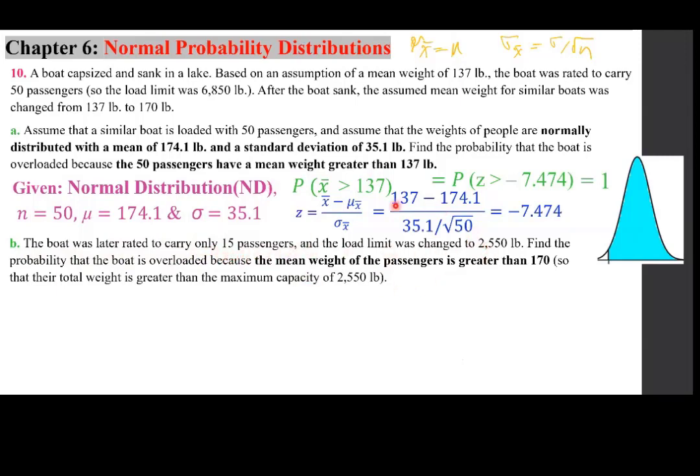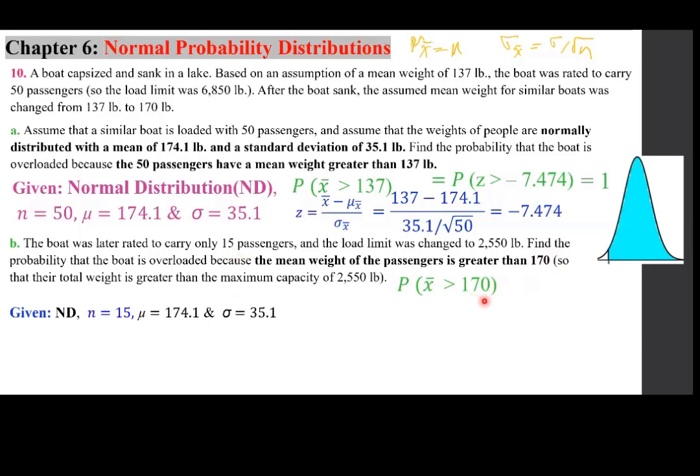We want to check the same question, but we are changing n from 50 to 15. Normal distribution, same mu, same sigma. So probability of x bar larger than, this time, 170, because things have changed from 50 to 15.